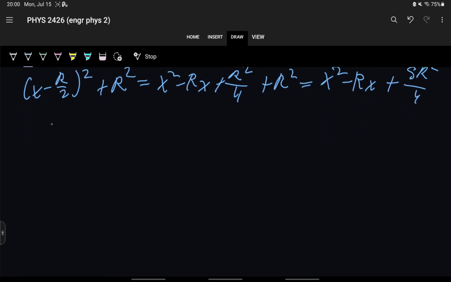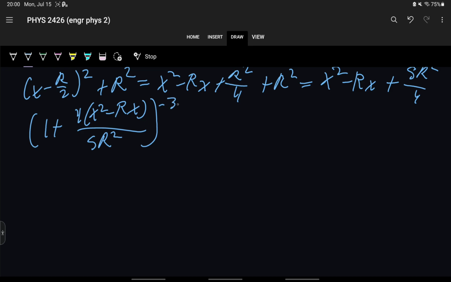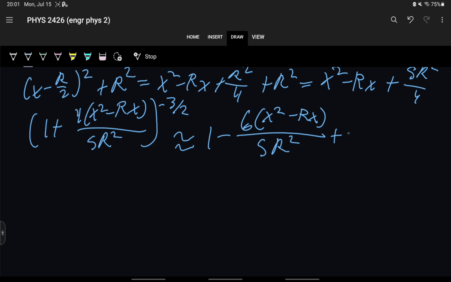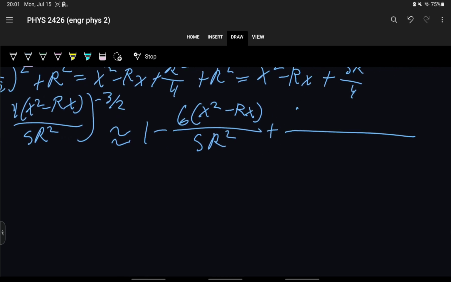And similarly, we can write 1 plus 4 times x squared minus r times x all over 5r squared, to the minus 3 halves, which is similar to 1 minus 6 times x squared minus rx, all divided by 5r squared, plus 45 multiplied by x squared minus 2 times r times x plus r squared, all divided by 50 times r to the power of 4.